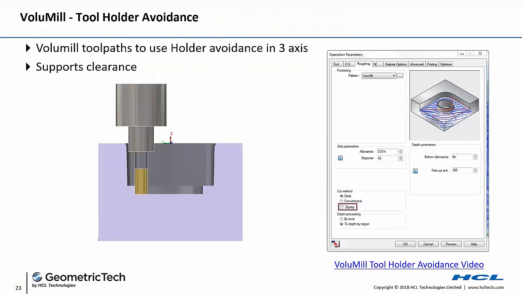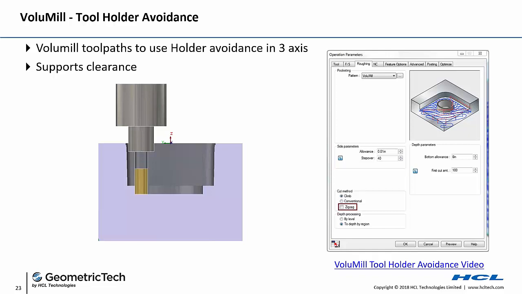Another enhancement for volume mill is the tool holder avoidance. When you're doing 3-axis roughing, we've added the ability for volume mill to avoid the holder, so it'll actually adjust the toolpaths so that the holder will not collide with the side of the part.